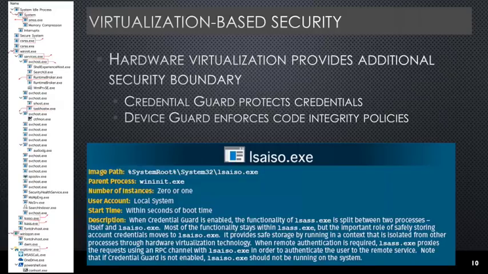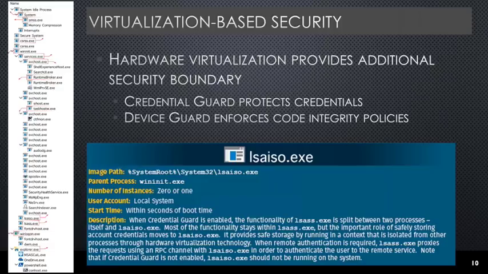Now, with respect to Credential Guard, we focused in on this one just because credentials are such an important part of incident response. And we want to understand as best we can how to safeguard our credentials, and utilizing Credential Guard is definitely a best practice at this point. Now, when Credential Guard's enabled, at the bottom left, you're going to see 2 related processes.